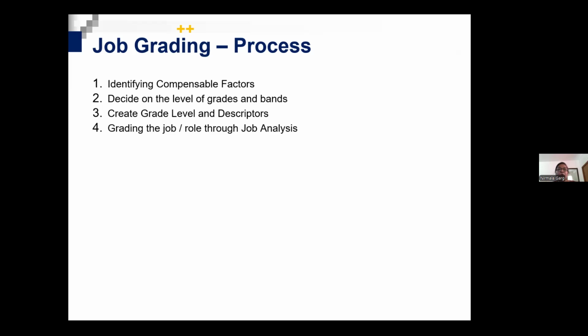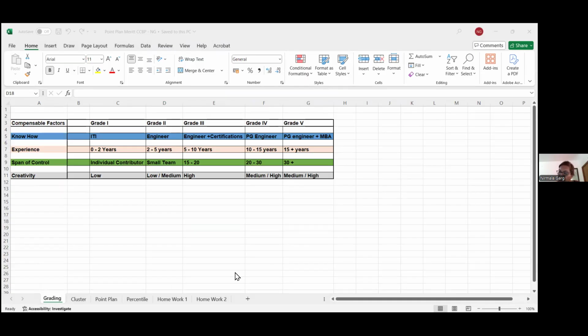Let me go to an Excel sheet because it will help you understand better. Okay. So when I said there could be 10 jobs, 20 jobs, 30 jobs, we create something called a predetermined grid. Now I will determine whether I want 5 grades or 6 grades or 7 grades, depending on the complexity of the organization.